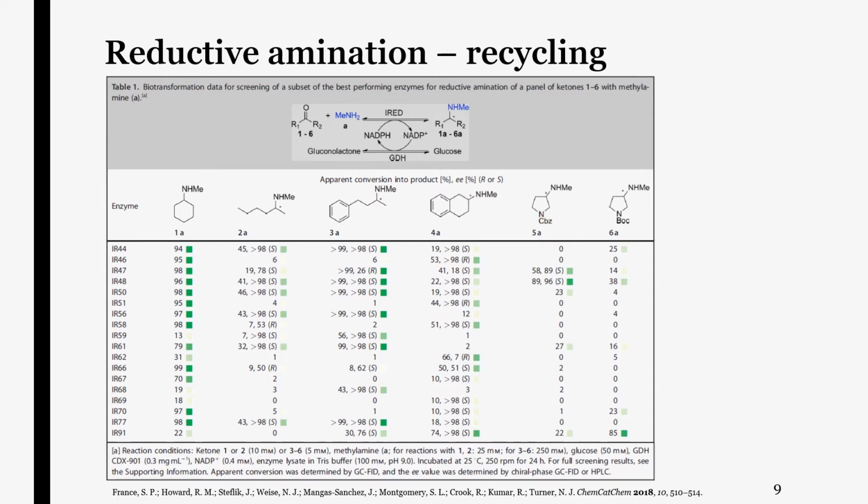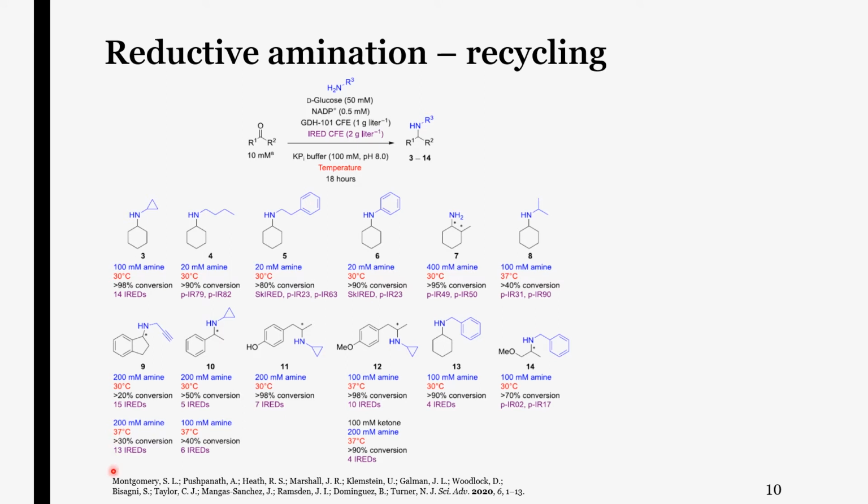Another paper was published by Montgomery in 2020, where they also used the glucose dehydrogenase and different kinds of combinations between the carbonyl compounds and the amines to yield the chiral amine products.